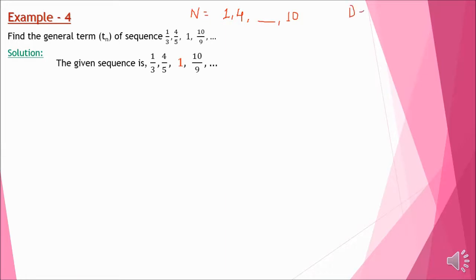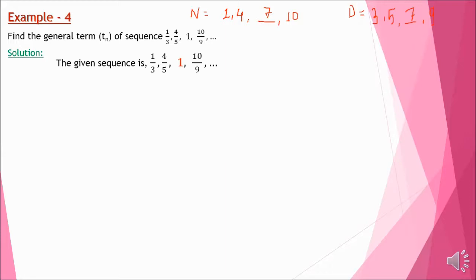It is 3, 5, gap, and 9. Now what will be in this gap? If we observe carefully, you can easily say the number will be 7 here and the number will be 7 here also. Instead of 1, we can write 7 upon 7.